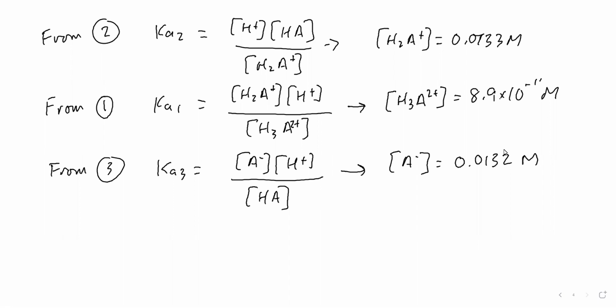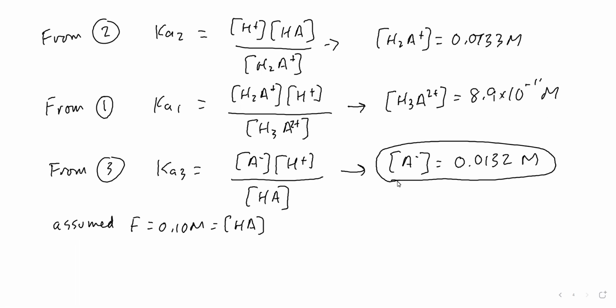So we assumed that the formal concentration of 0.1 molar was equal to the concentration of HA. But in fact, we can see that a significant amount of the formal concentration is in the form of the fully deprotonated stuff and the diprotic intermediate.